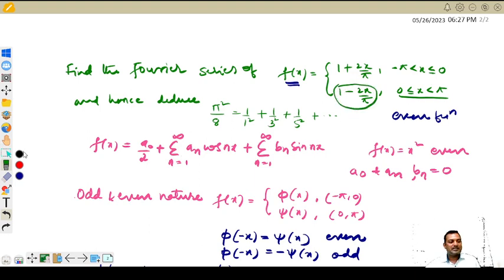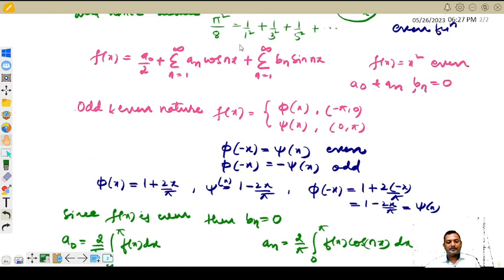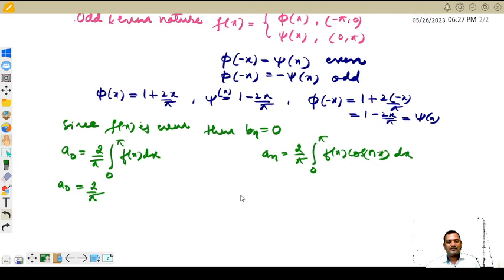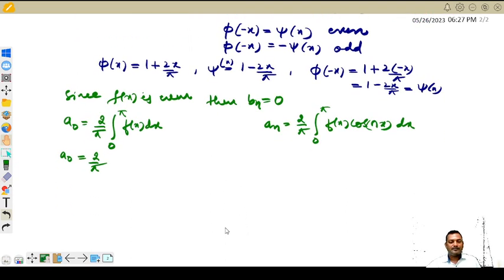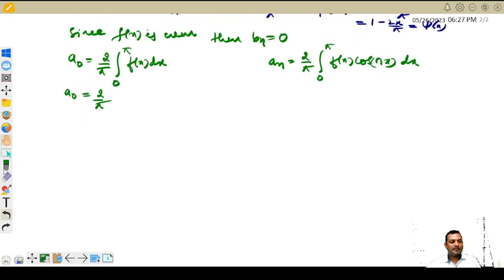So we are using this. The value of f of x is 1 minus 2x by pi into dx, and this is 0 to pi.